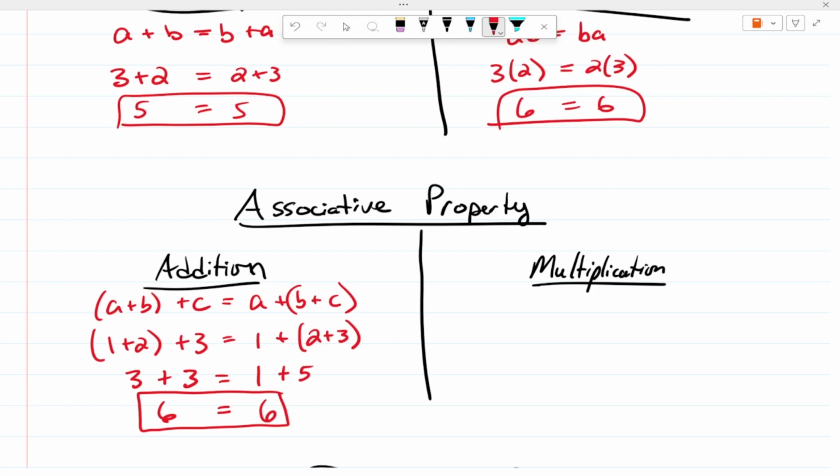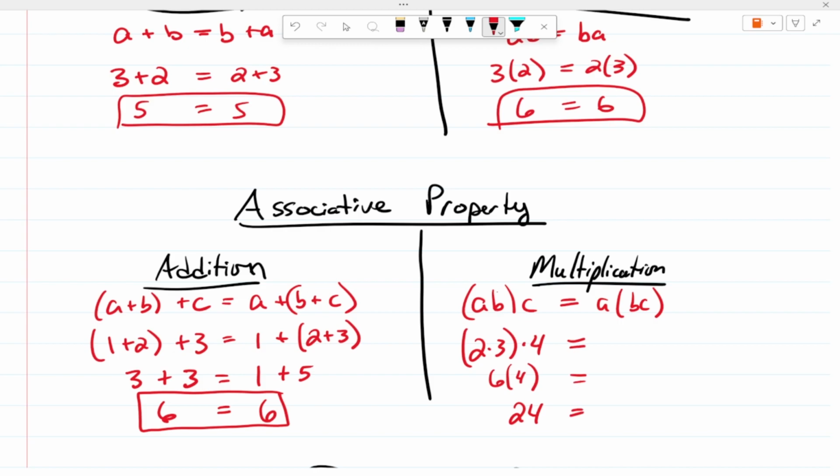The same applies for multiplication. You can group A and B and multiply them and then multiply C, or you could do it the other way. Now I'll use a little bit larger numbers here. So how about 2 times 3 times 4? Well, that's going to be 2 times 3 is 6. 6 times 4, 24.